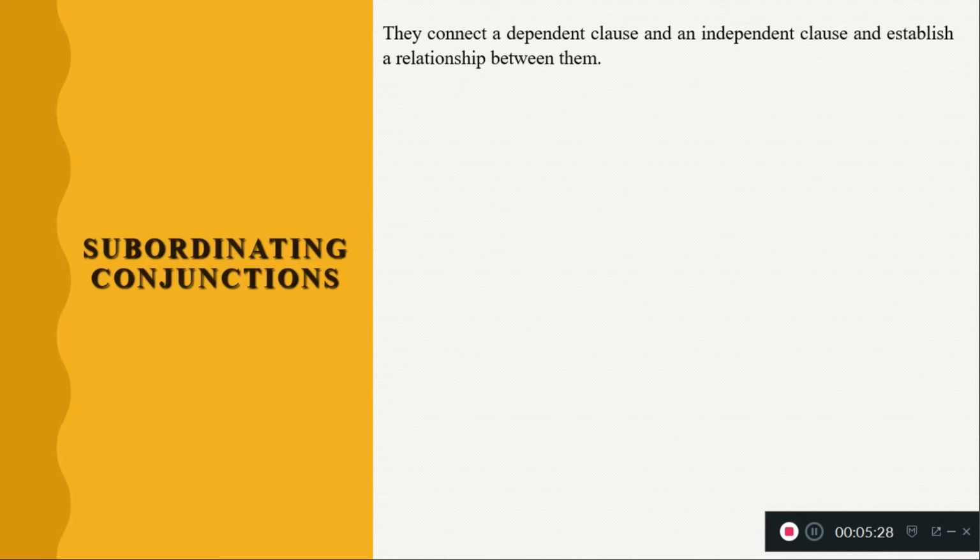Then, subordinating conjunctions. A subordinating conjunction is a type of conjunction that is used to connect a dependent clause with an independent clause. That means they are used in complex sentences. Look at the example sentences.